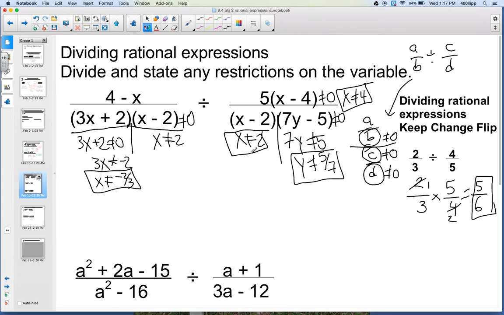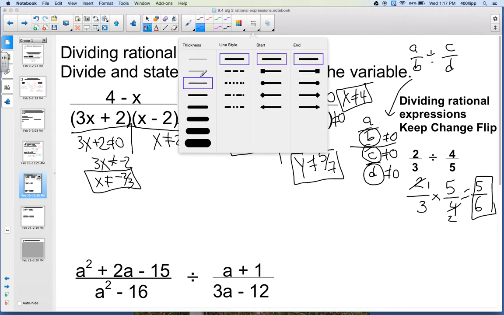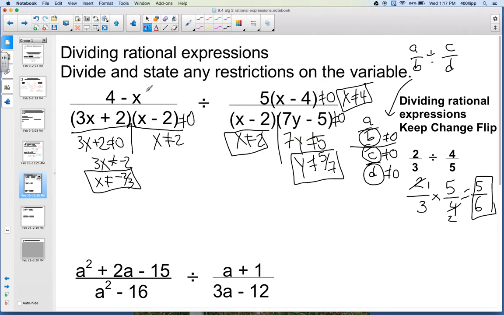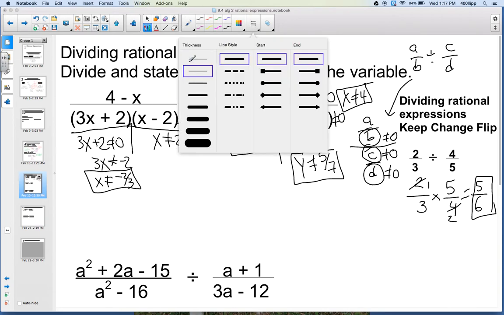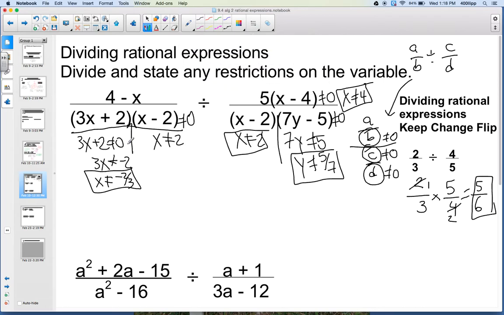Okay, so now we're going to look to see what we can actually cancel out. What we need to do is rewrite it so that when we multiply by the reciprocal, it'll be easier to see. So I have 4 minus x in the numerator, over 3x plus 2 times x minus 2.